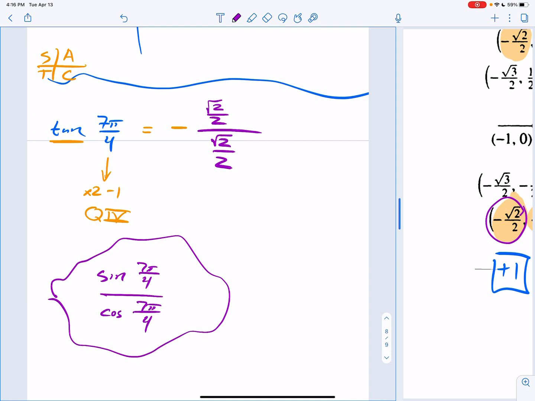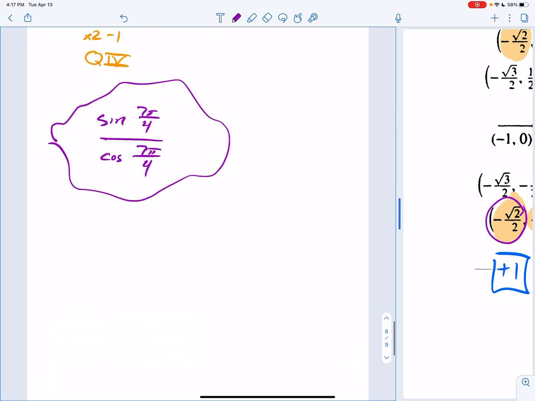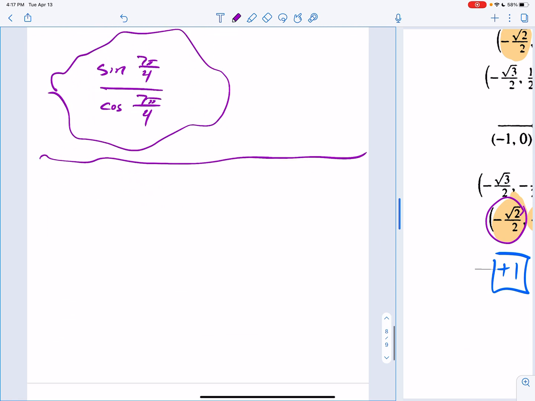Now, I already took care of the sign, so you don't have to take care of each sign here. So rad 2 over 2 divided by rad 2 over 2, that's easy because it's the same thing divided by the same thing. You're going to be left with -1. But even if you multiply it by the reciprocal, you'll still get the same thing. Let's do something a little bit weirder, and then we'll end it for the day.